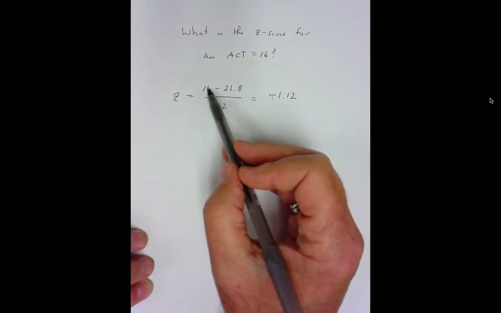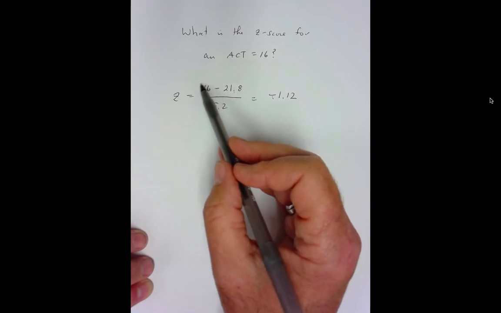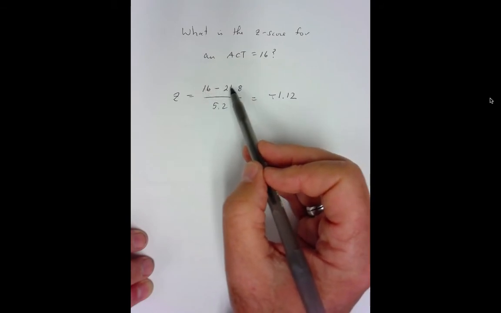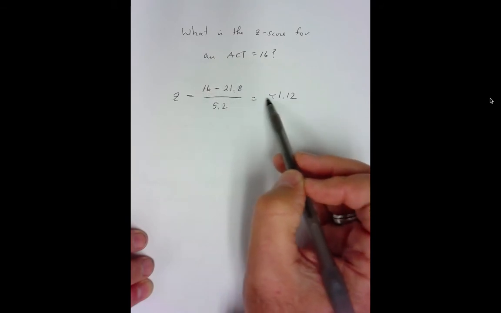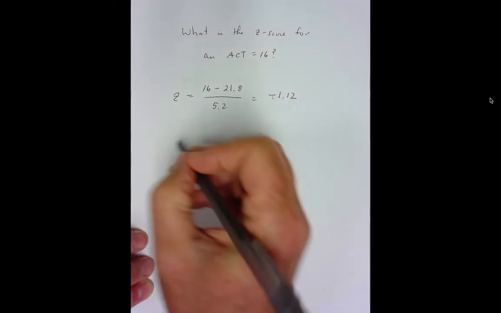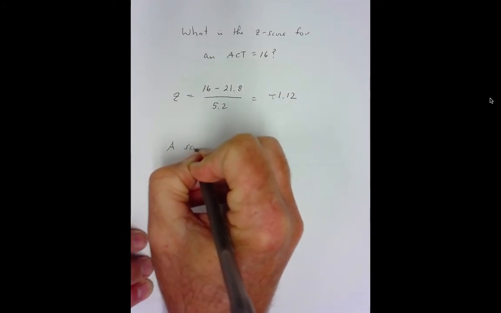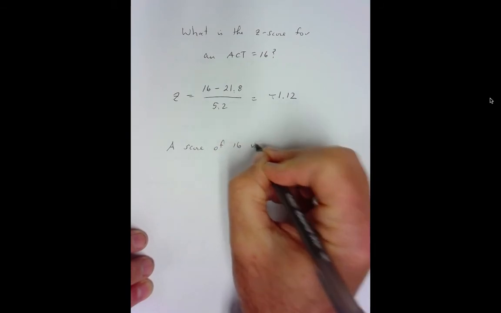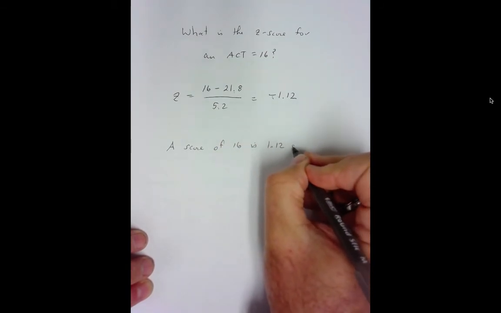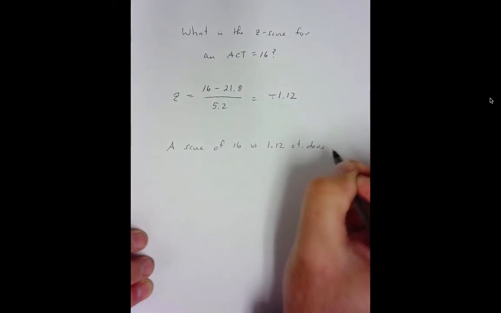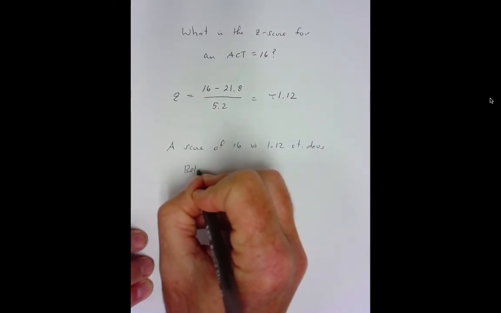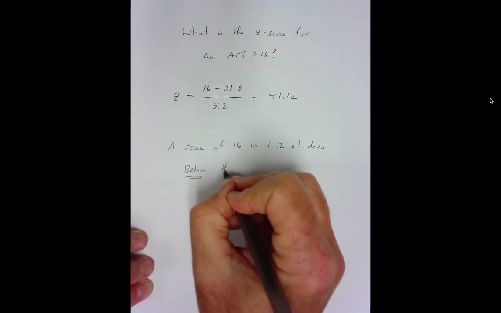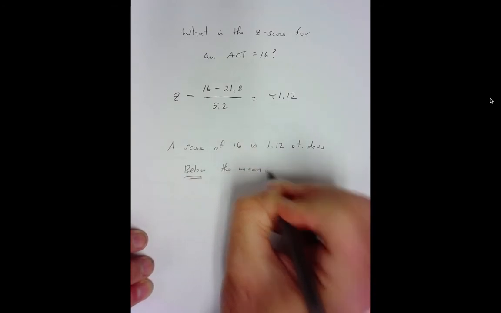If the score is below the mean, then this subtraction right here is going to give me a negative number divided by a positive, gives me a negative number. So we can summarize by saying a score of 16 is 1.12 standard deviations below the mean.